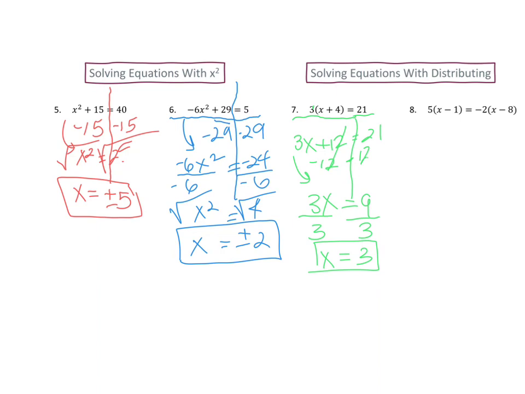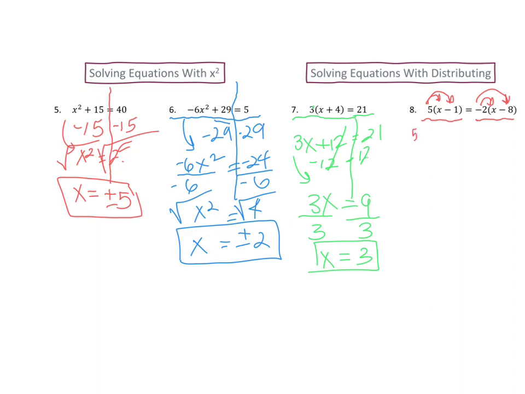How about this next one? We have two distribution problems. It says 5 times x minus 1 equals negative 2 times x minus 8. So again, we have to distribute out these expressions before we solve or even start to solve. So 5 times x.